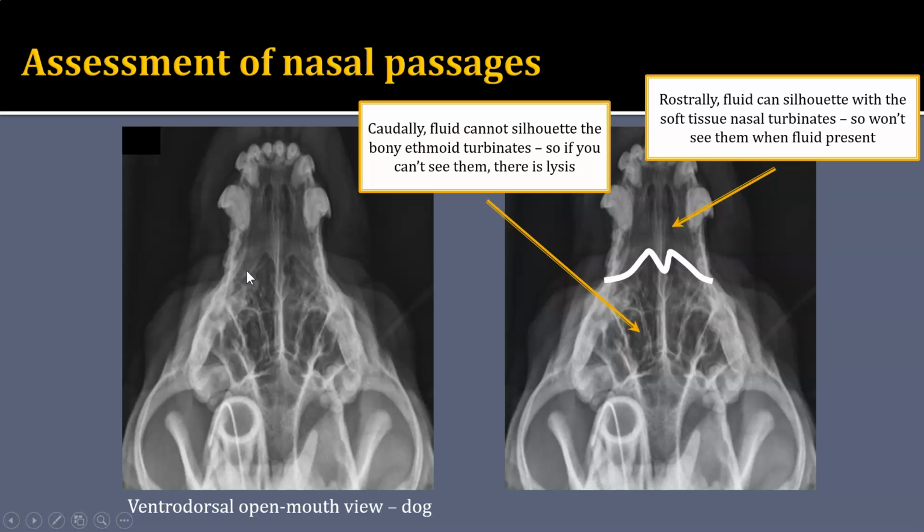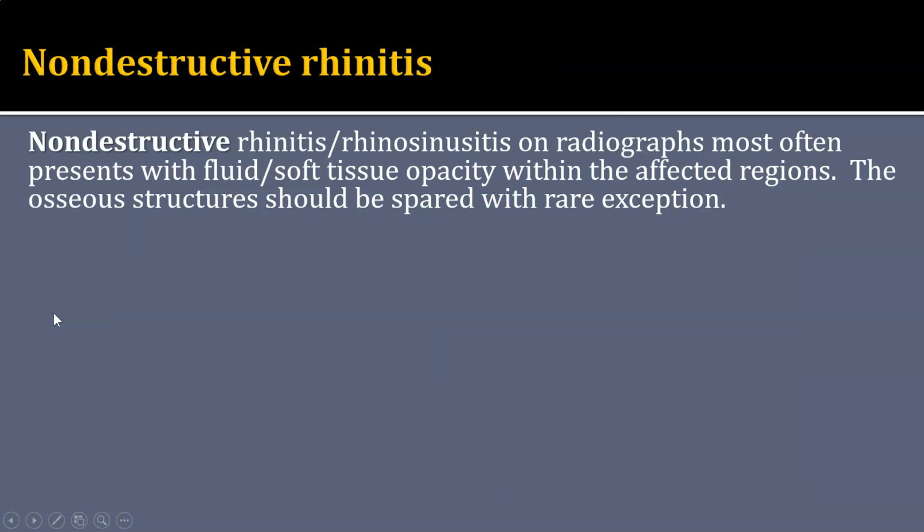But if we have fluid in the mid and caudal nasal passages, again, it might be mucopurulent, it might be hemorrhage, mucus, it shouldn't silhouette with these large osseous structures. So fluid by itself will still allow us to see these osseous structures. Keep that in mind as we talk about the different types of radiographic categorization of the non-destructive versus destructive rhinitis.